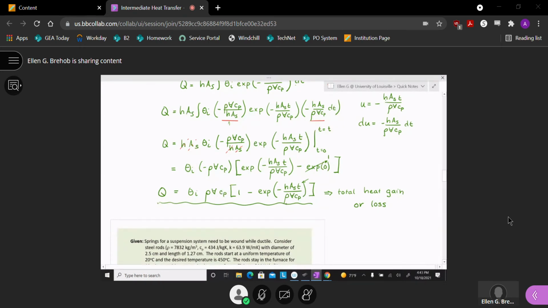We're used to seeing density, and I've been using this symbol for volume. I'm a little bit shaky. Sometimes I use the C sub P and sometimes I reduce it a little bit and use just a C, but C sub P is specific heat.